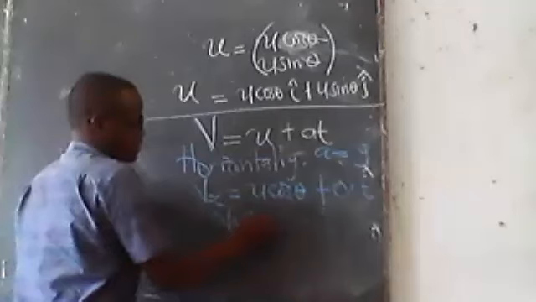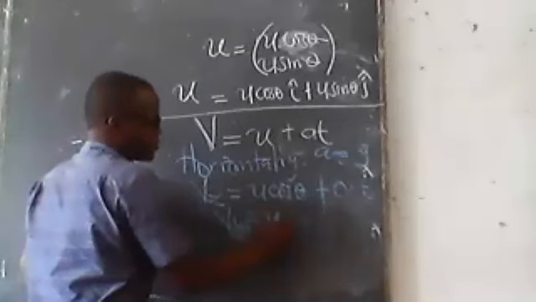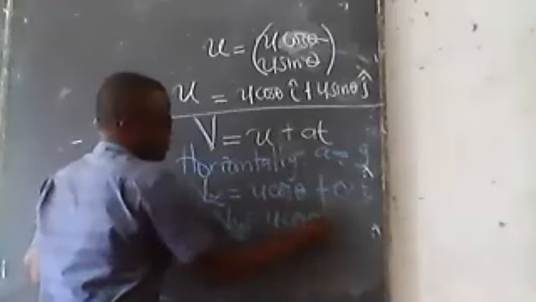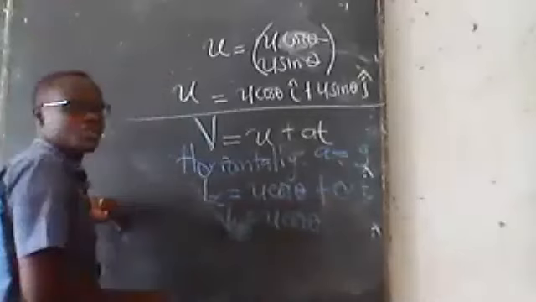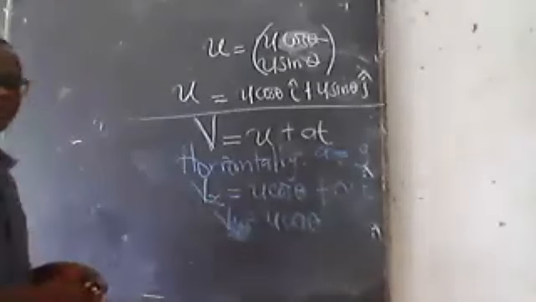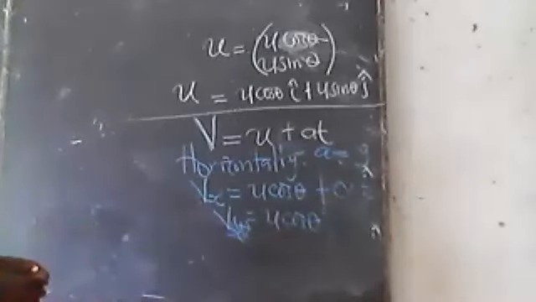So you realize that the horizontal velocity at any given time t is the same as the horizontal component of the initial velocity. Note that one somewhere.